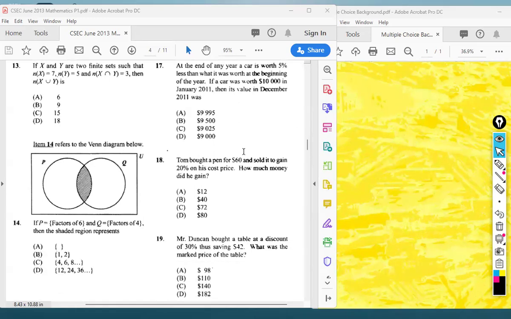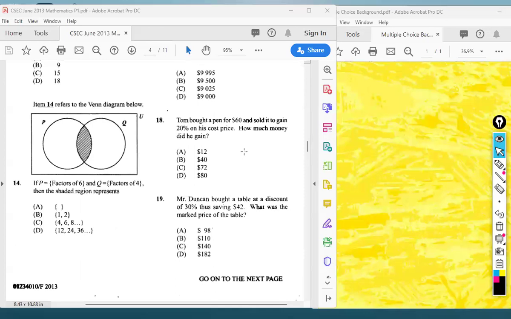Make sure we get all the values. Right, so we get 14, 18, and 19 to fit. So let's list out the factors of 6, right? For P, what would be the factors of 6? 1 could go into 6, 2, 3, and 6.